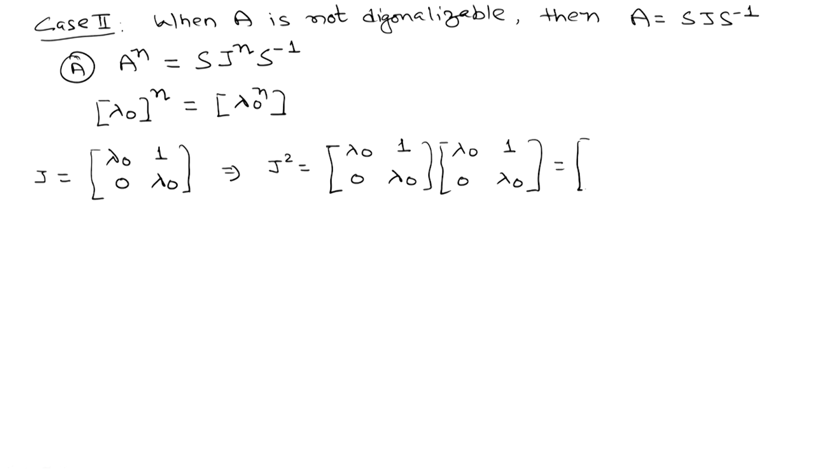If I multiply these two matrices, it comes out to be [lambda 0 square, 2 lambda 0; 0, lambda 0 square].